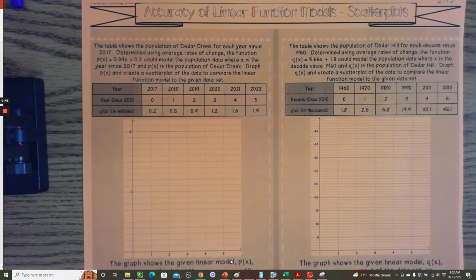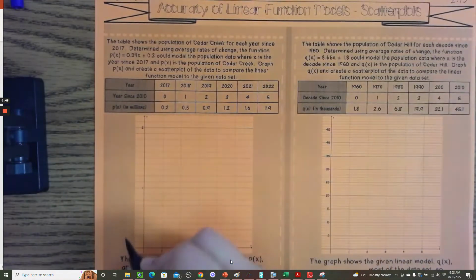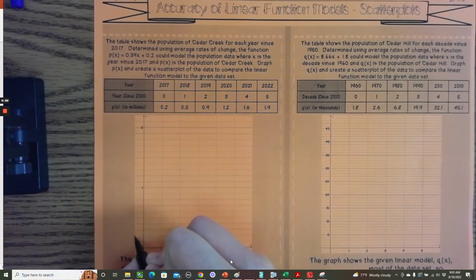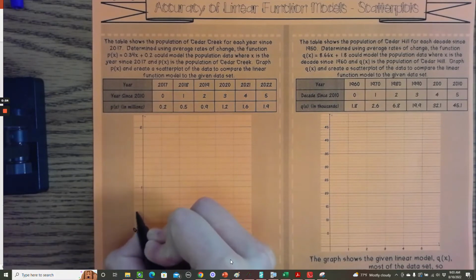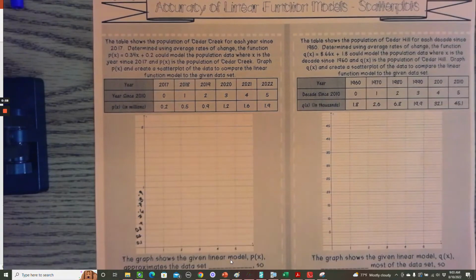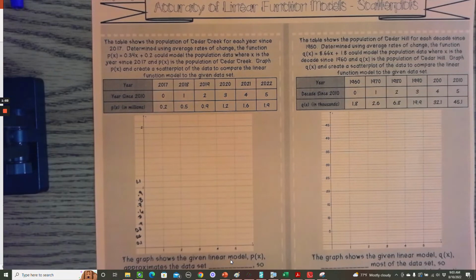All right, so what we're going to do first is graph our points. Here, I think these are 0.1, 0.2, 0.3, 0.4, 0.5, 0.6. We're going by tenths. So if you need to label, you can. You don't have to. Once you get past 1, it'll be 1.1, and you'll go up.